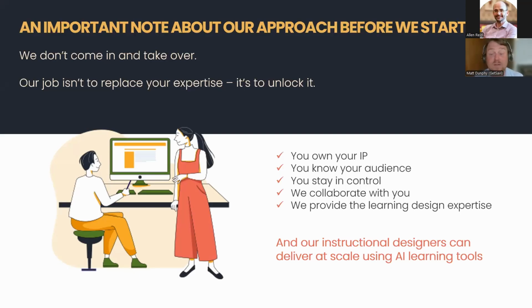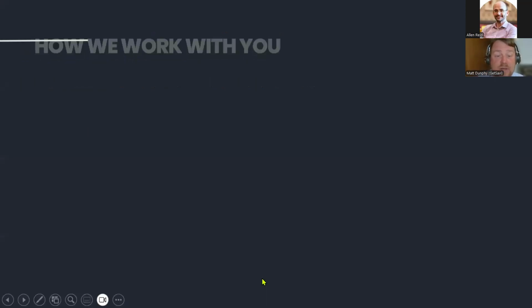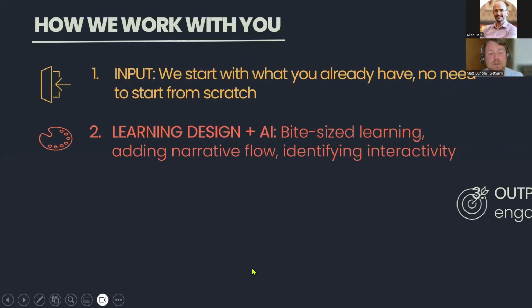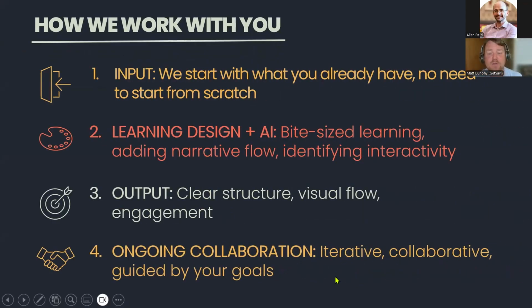Again, how do we do that? Largely, it's with our instructional design team who are highly skilled at using AI features inside learning tools. And then just to move that on a little bit further, everyone's got a process, right? So in terms of what you might expect if you engage with this, classic inputs and outputs, we actually at the moment for free will take a certain amount of your content and take a look at it and offer you a sense of how it could be transformed.